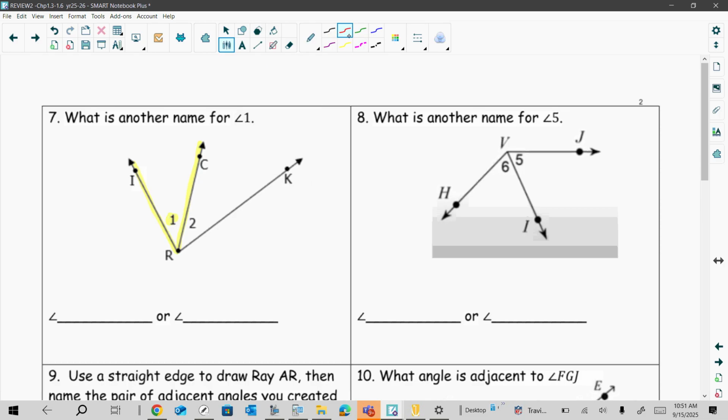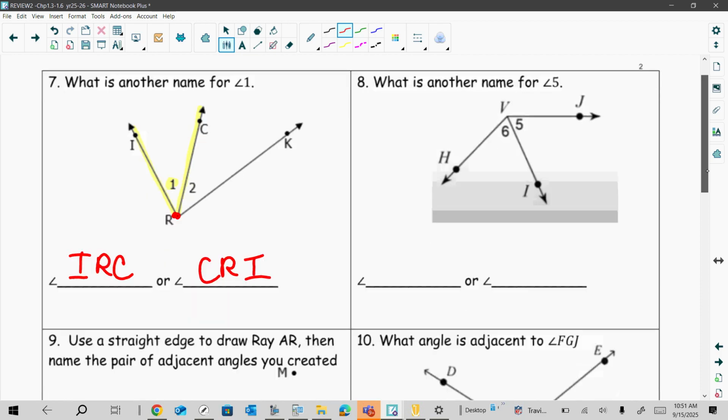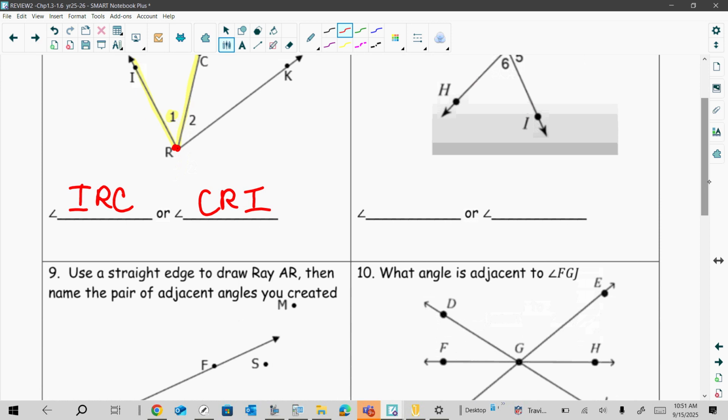So you can, no, R is the vertex. IRC or CRI. The vertex has to be in the middle. The letter that represents the vertex has to be in the middle.